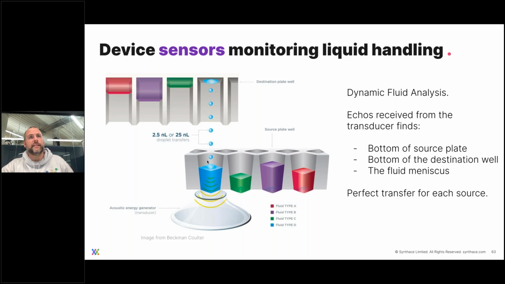So it gets an idea of exactly what's going on in each transfer, and it can adjust the power it gives to give you the correct transfer of liquid that's required, so the desired volume, and then you can apply this to later experiments. So it almost does automatic liquid class optimization for you. I haven't really had much experience with this, but I think it's pretty cool.